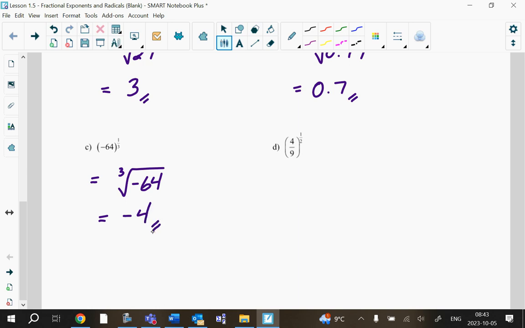We can even do fractions. Still do it the same way. Square root of 4 over 9. And we did these last year. How do you find the square root or cube root or whatever of a fraction? Just take the square root of the numerator over the square root of the denominator, and you get a final answer of 2 over 3.